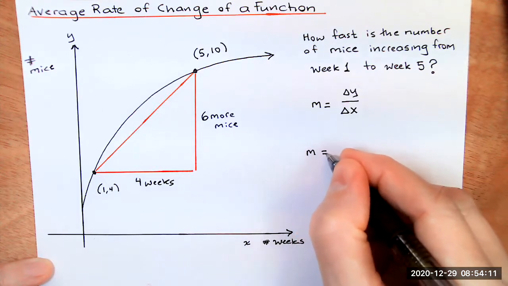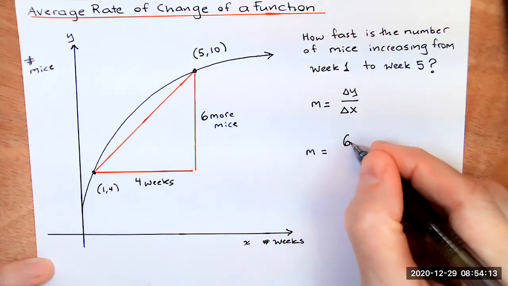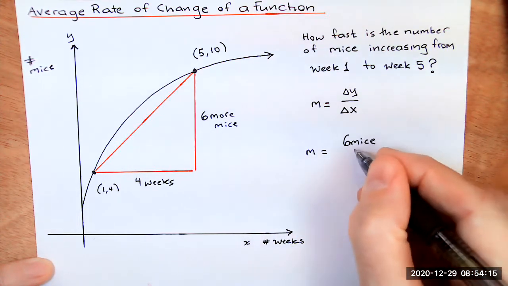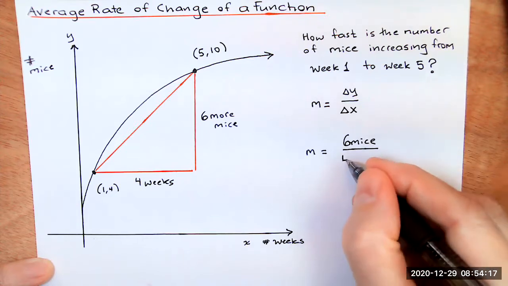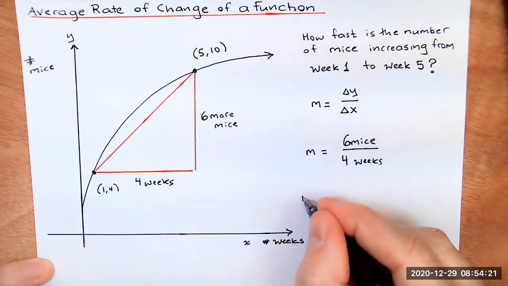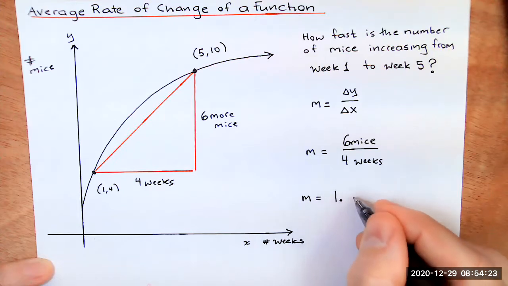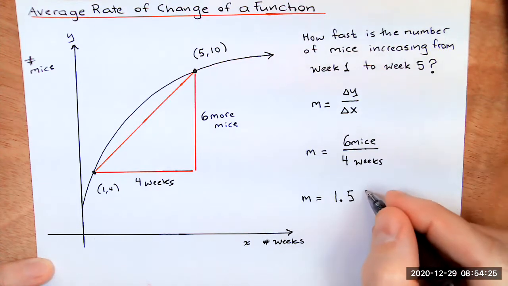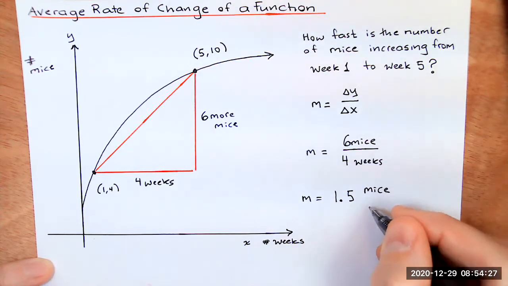So the slope of that line is 6 mice divided by 4 weeks, or 1.5 mice per week.